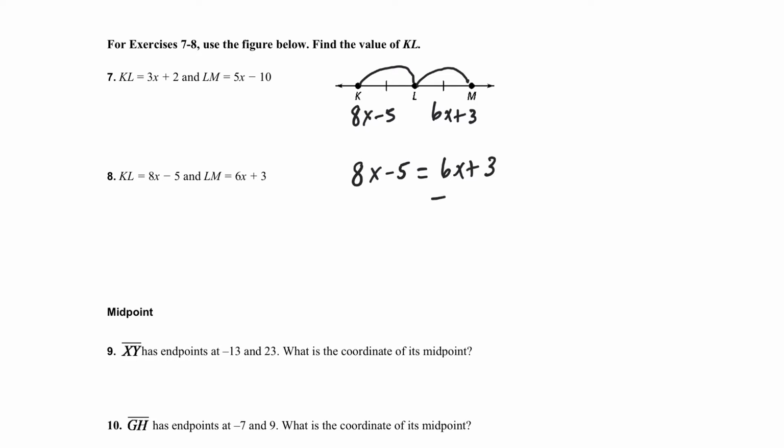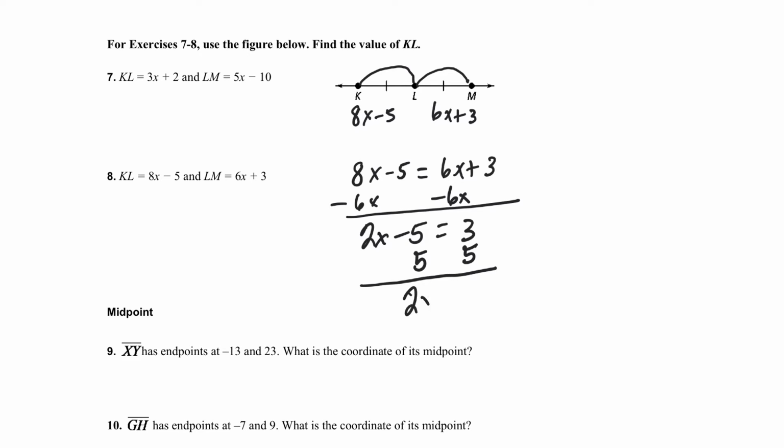So we're going to solve this equation by subtracting 6x from both sides. So 8x minus 6x, which is 2x minus 5, equals 3. We add 5 to both sides. So 2x equals 3 plus 5 is 8. Divided by 2, so x equals 4.